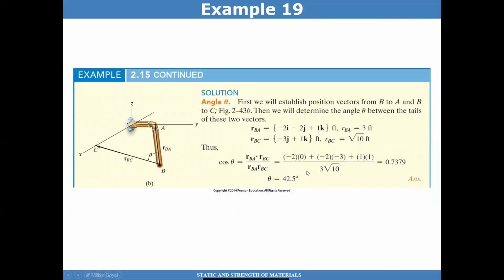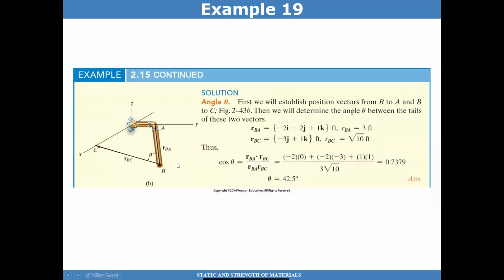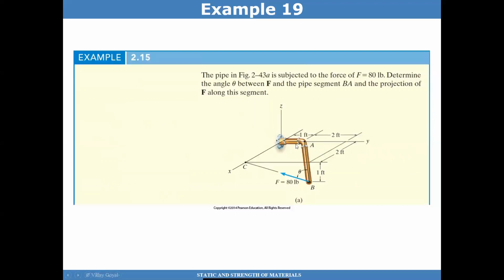The first step is to find the position vector BC, the one that connects B to C, and then to find the vector that connects B to A. And again, that can be done by simply following the coordinates I gave you. We know the origin is here.